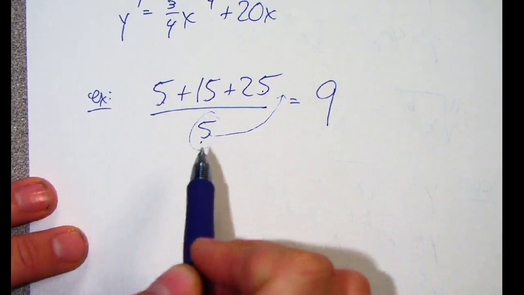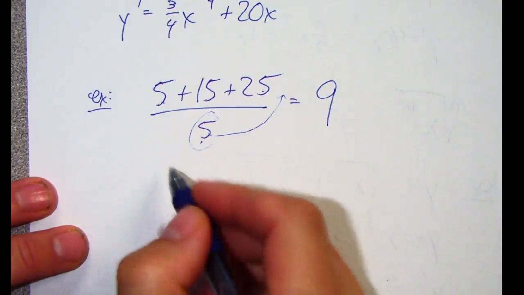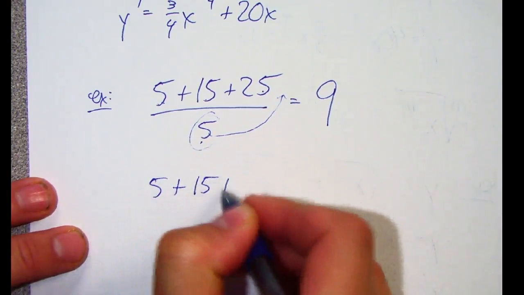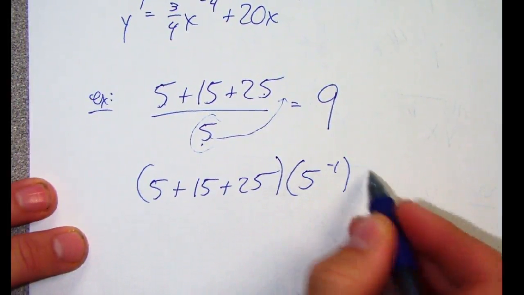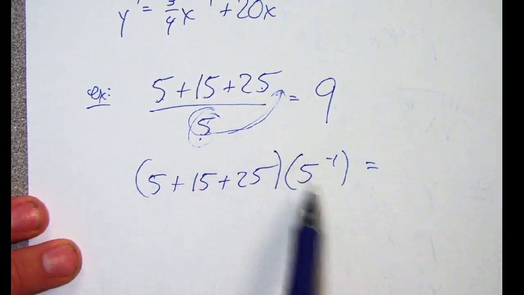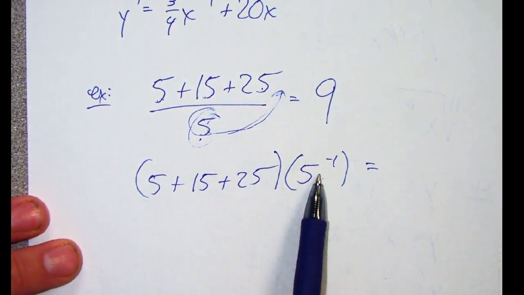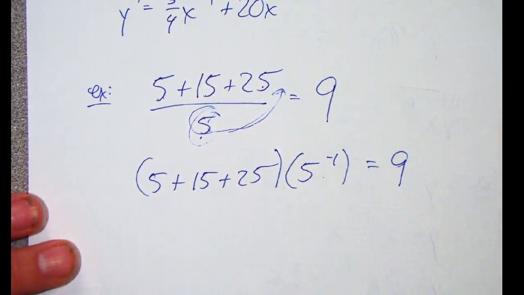So if you're going to multiply, what do you have to do? Multiply by every single thing. So one way you could rewrite this would be like that. I'm taking that 5 and throwing it up and then changing the power. So what's 5 to the negative first? 1/5, and then 1/5 times 45 would be 9, right? That way is fine.